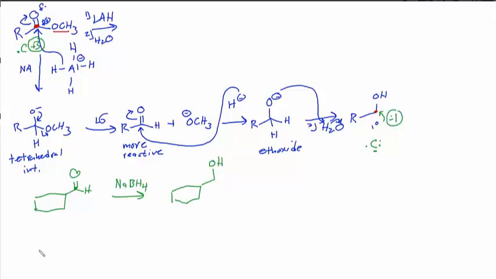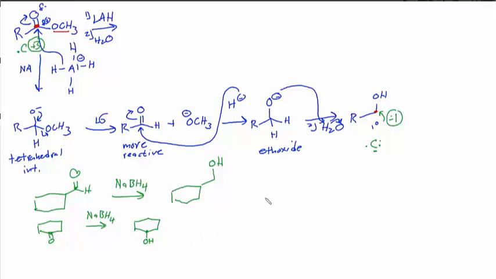If we had something that looked like this, we could do the same thing, NaBH4. Now, of course, in these cases, lithium aluminum hydride would work too. It's just that it's more reactive than we need. The sodium borohydride will work just fine. We don't have to use the expensive, dangerous lithium aluminum hydride to reduce these aldehydes and ketones. And now we see that this carbon has gained 1 hydrogen in its reduction.